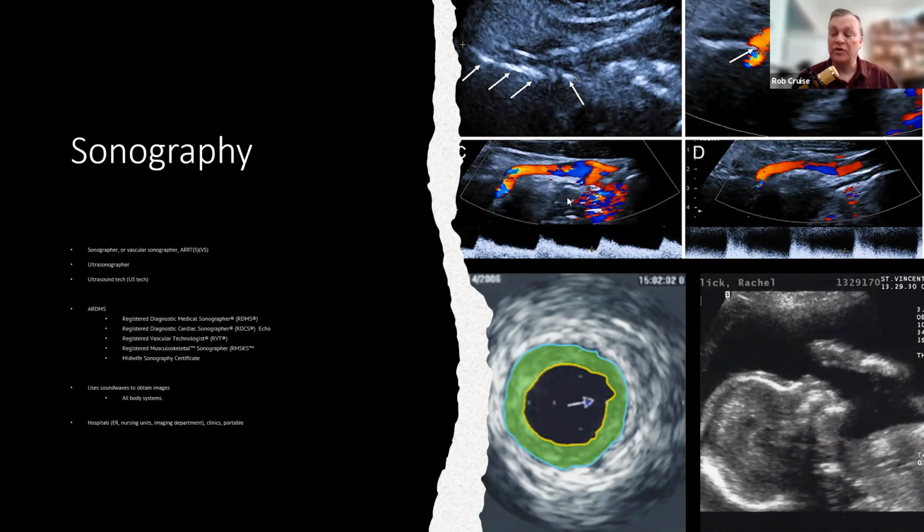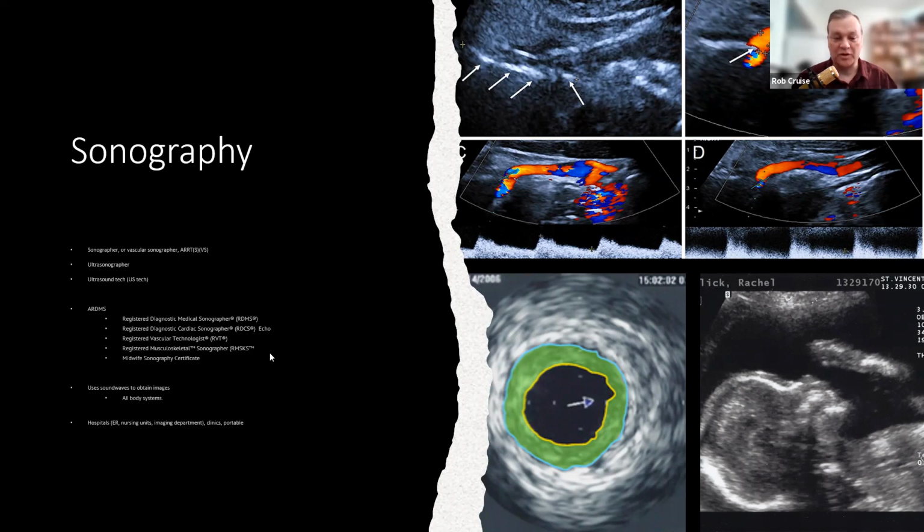There are multiple things you can do within the ultrasound profession. There is the DMS, the Diagnostic Medical Sonographer, and they can do any body part. They can get credentialed in OBGYN, which is the fetal component. They can be a vascular tech, looking at the images of the vascular system within the body.